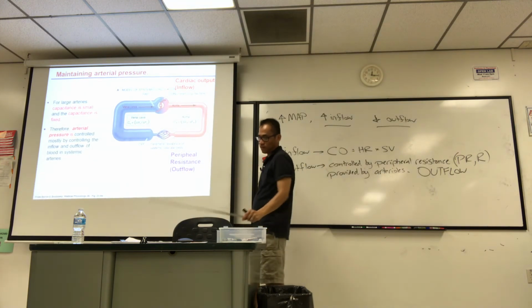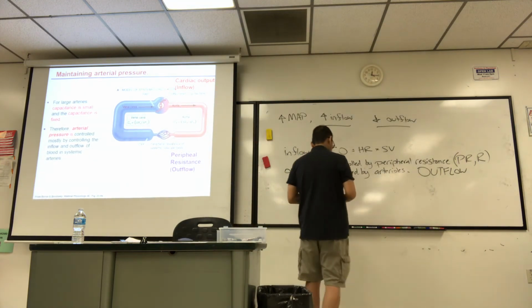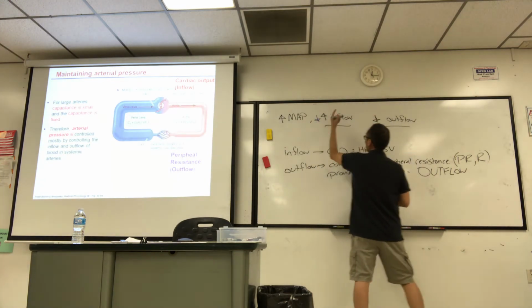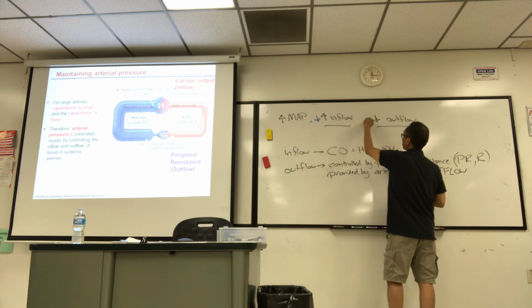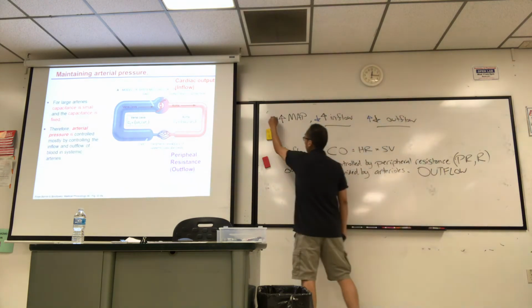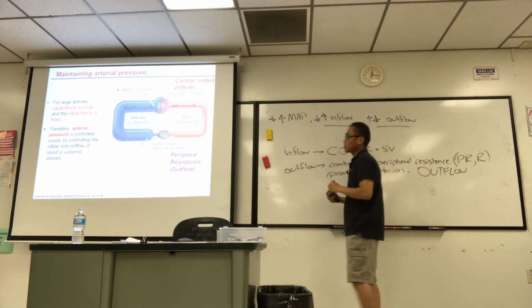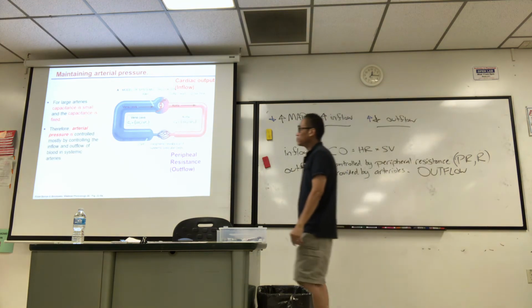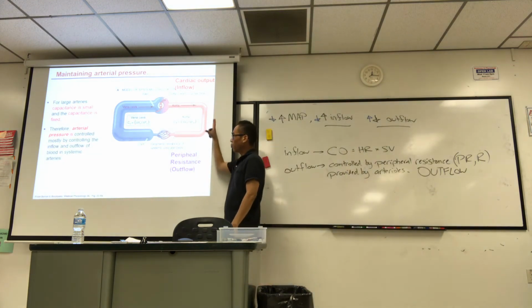And so what if you did the inverse? For whatever reason, the heart shutting down, decrease the inflow, you're letting the blood leak out, pressure will drop. That might lead to shock, so something's wrong, obviously. You don't want to allow that to happen, but this is how we're controlling the blood pressure in the arteries.